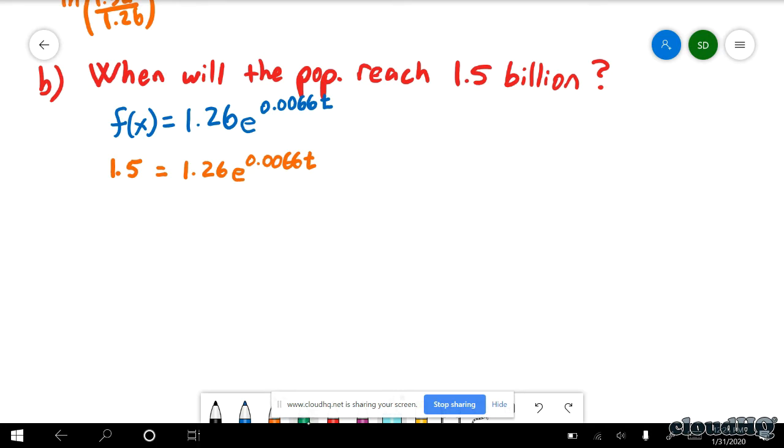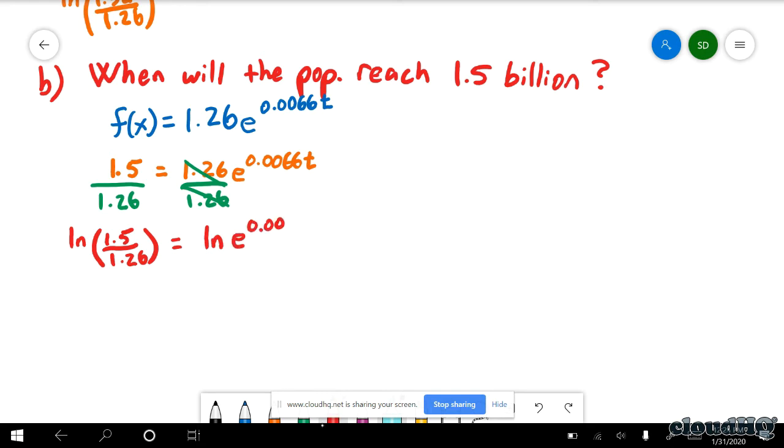So divide away the 1.26. Then I want to get rid of e, so I'll do the natural log of both sides. The natural log cancels out the e.